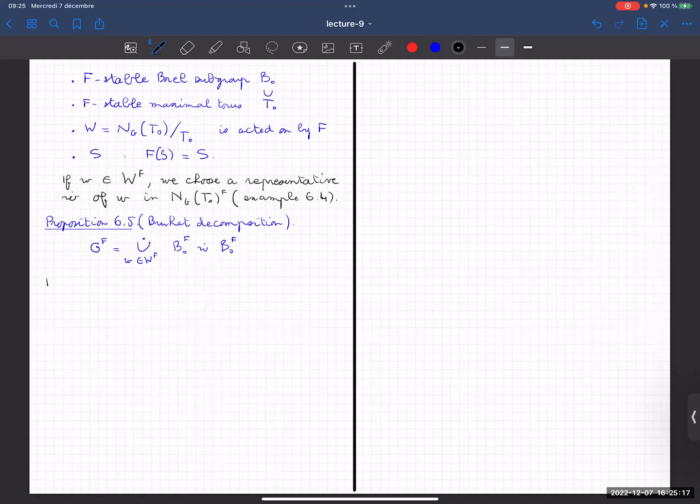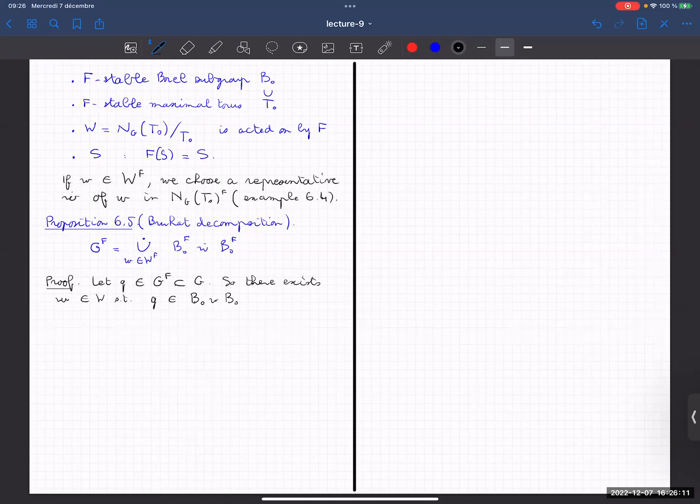And the proof is fairly easy. The fact that the union is disjoint follows from the fact that it is disjoint in the full group. But what is important is that we must prove that an element in G^F belongs to this union of classes. Since it is an element of G, the Bruhat decomposition tells you that there exists w in W such that g belongs to B0 w B0.